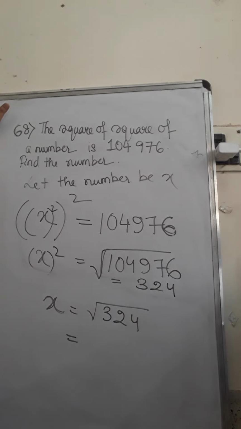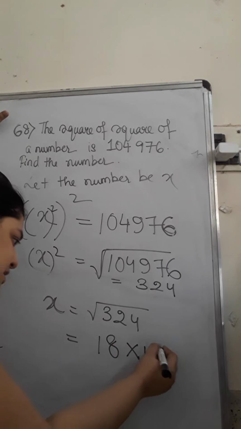Now if you know the tables, you don't have to find the square root by factorization or division method. You can directly do that, for which you have to know the tables till 20, because 18 into 18 gives 324. So if you know the tables, you can straightforward write 18 into 18.